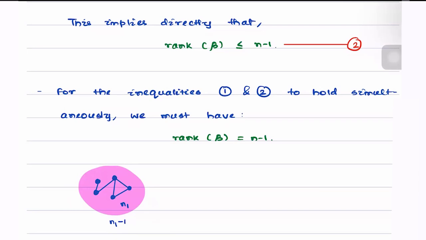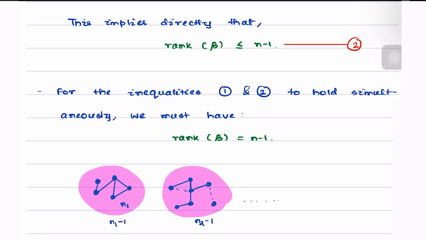Similarly, if we now construct yet another component, say this has some n2 number of nodes, then the corresponding rank of the incidence matrix for this component is n2 minus 1.